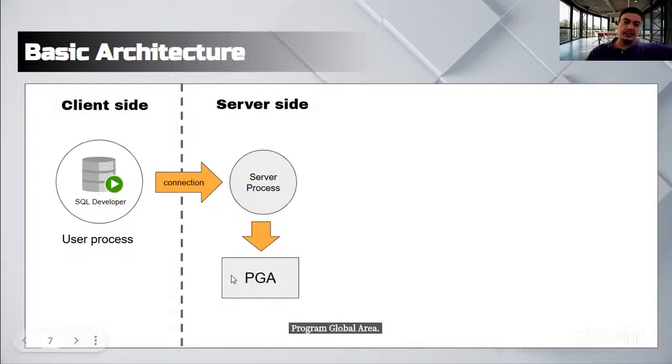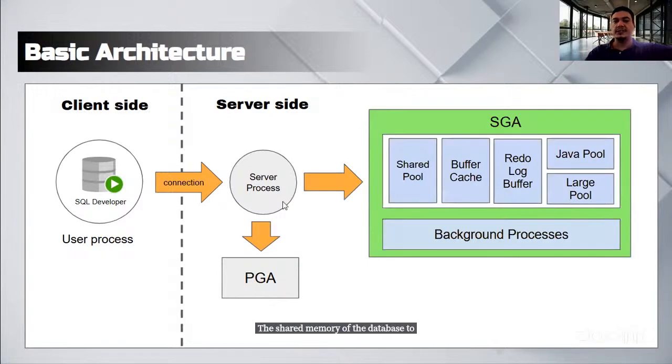Inside this memory, the server process works the data of this user, kept separated from the data of other user processes. And the server process accesses the shared memory of the database too, the shared memory of the instance.